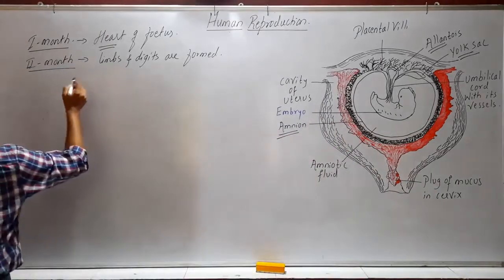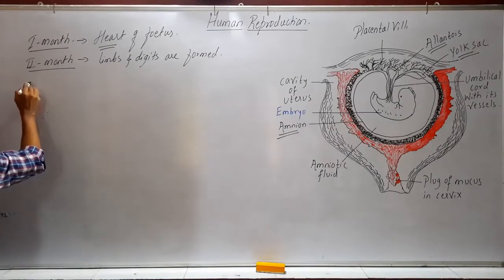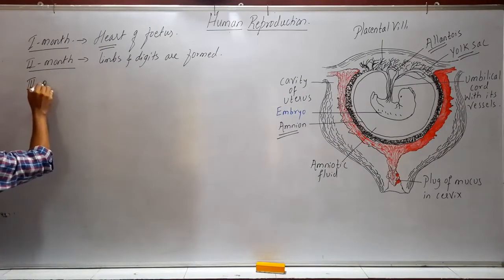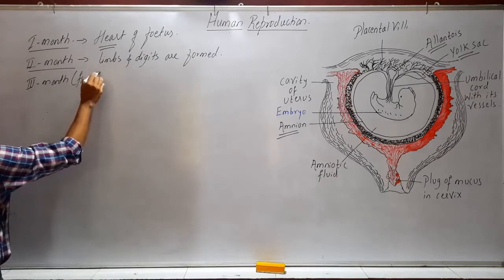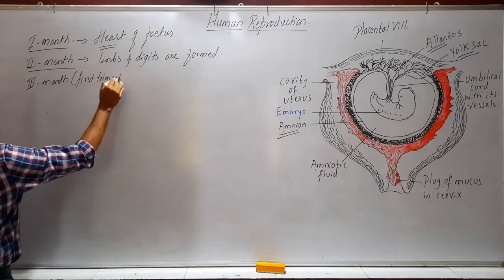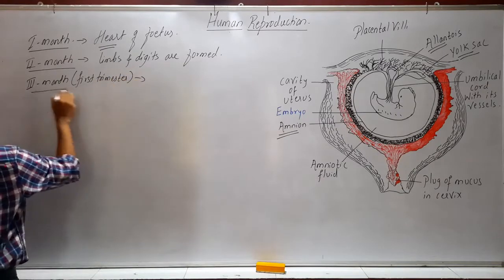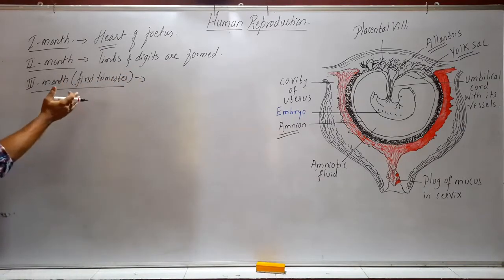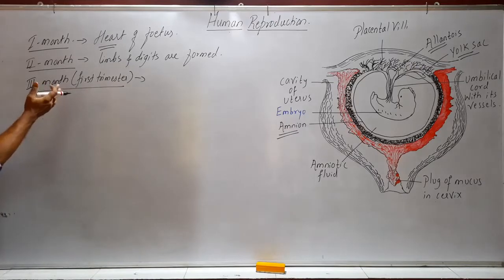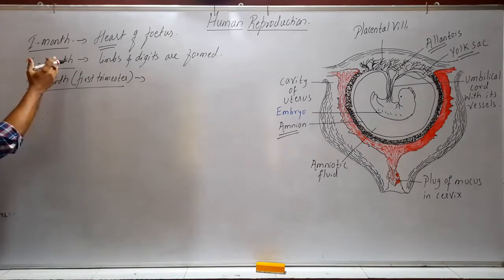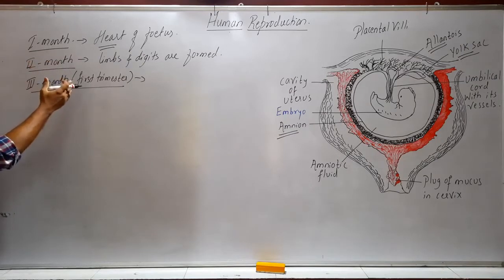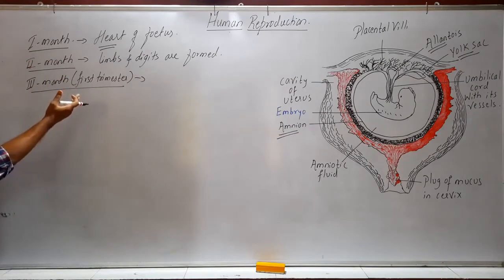Then at the end of the first trimester, the third month, look at this part. Now, almost at the end of the third month, which we call the first trimester. So in the first month, the heart of the baby gets developed. Second month, the limbs and the digits get developed.